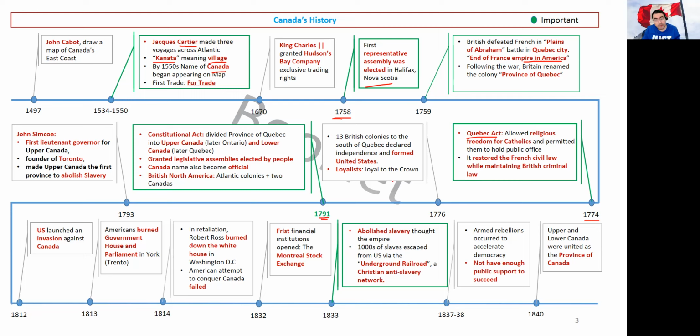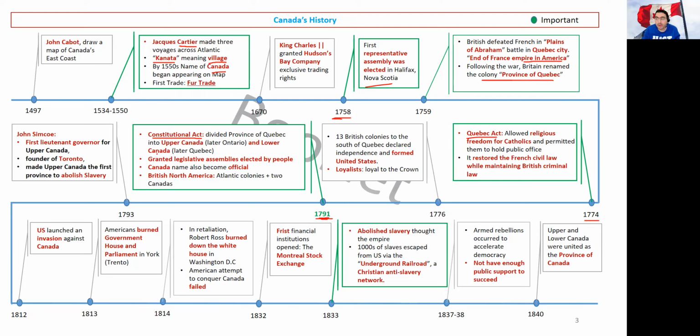A very important date is 1791, when we have a special act called the Constitutional Act. A constitution is the document which provides the laws for the country, and this Constitutional Act divided the Province of Quebec. At this time we had only one province, the Province of Quebec.